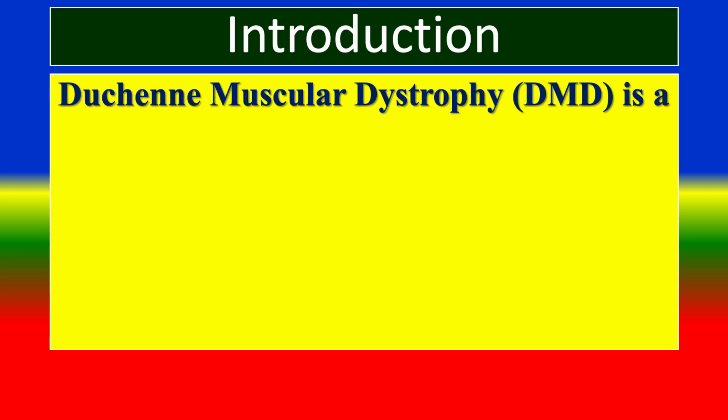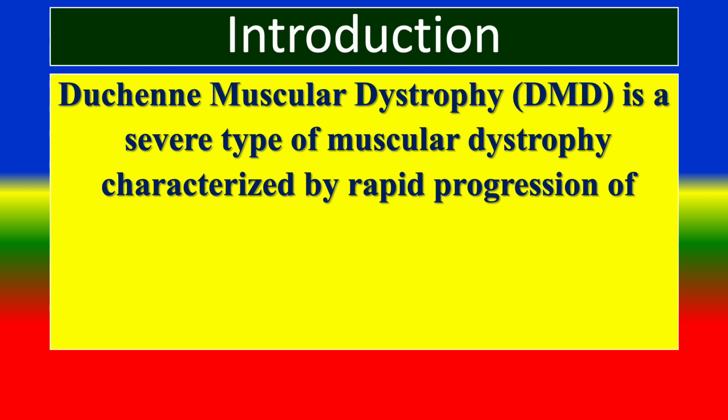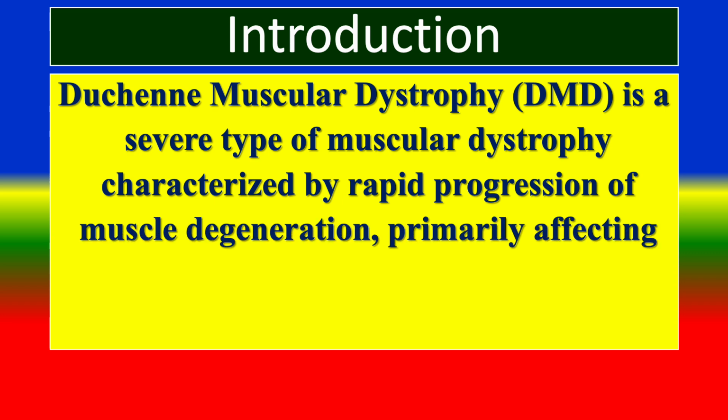Introduction. Duchenne muscular dystrophy, DMD, is a severe type of muscular dystrophy characterized by rapid progression of muscle degeneration, primarily affecting boys.